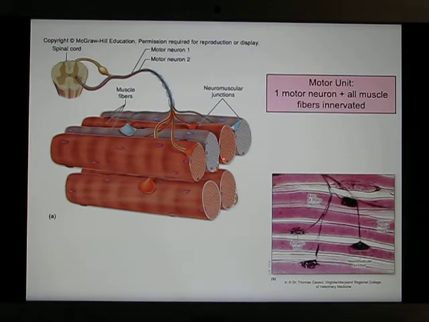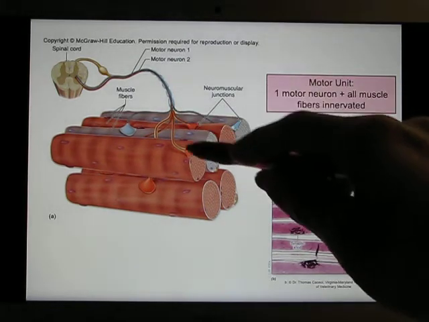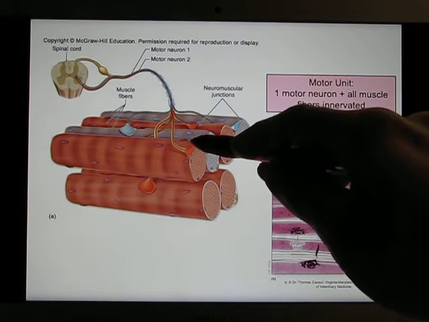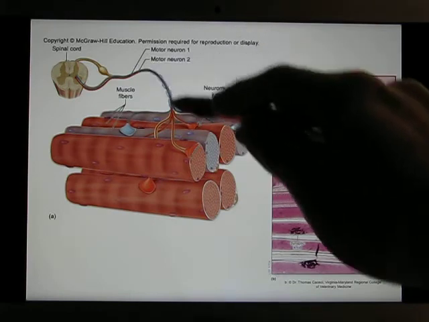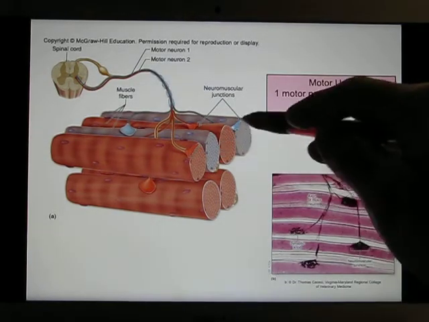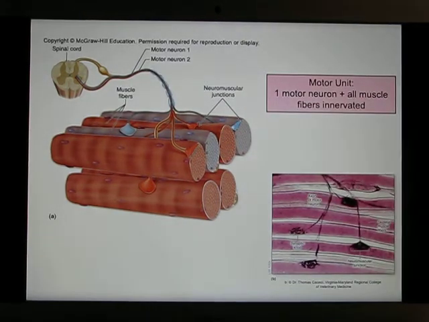You can have a small motor unit, like the red motor neuron innervating 4 fibers, and this blue motor neuron innervating 2 fibers. They are all small motor units. But you can have a big motor unit, where the neuron innervates 100 or 1,000 fibers.